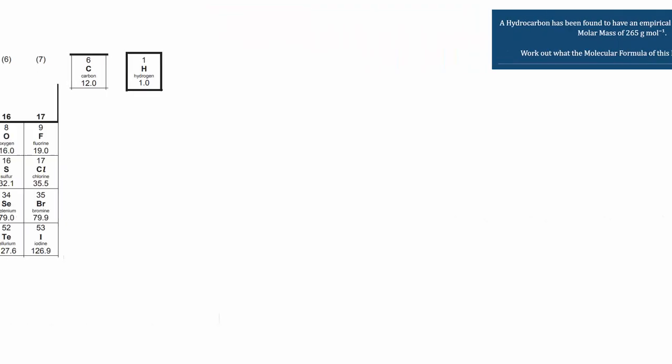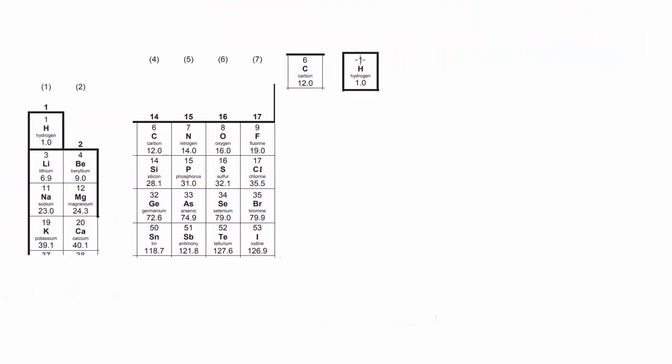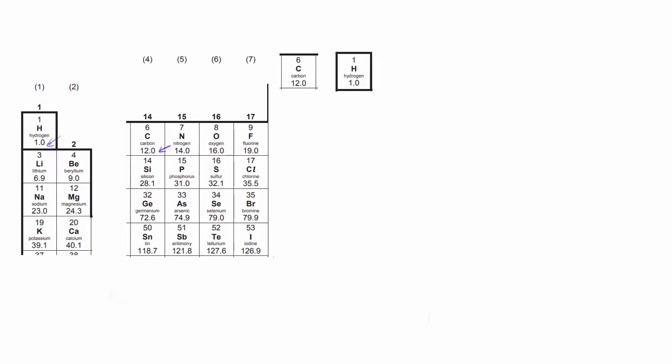So we've got C₄H₅. So we've got carbon and hydrogen, right? In effect, the relative atomic mass in each given case is the molar mass of each given element, right?